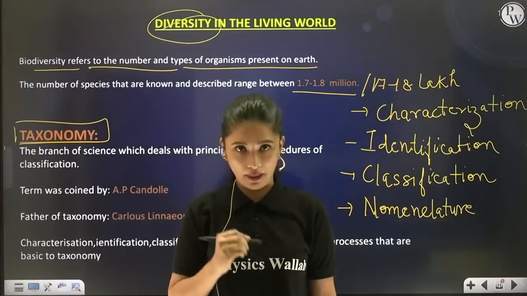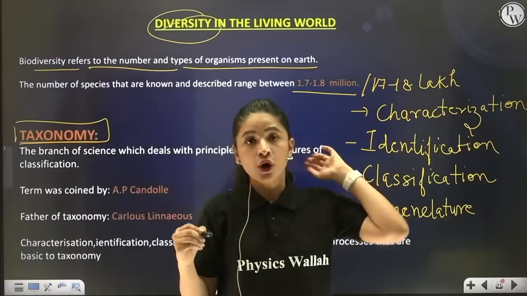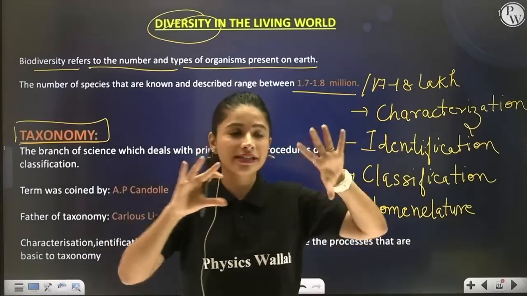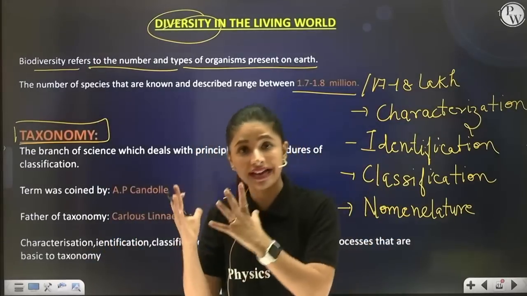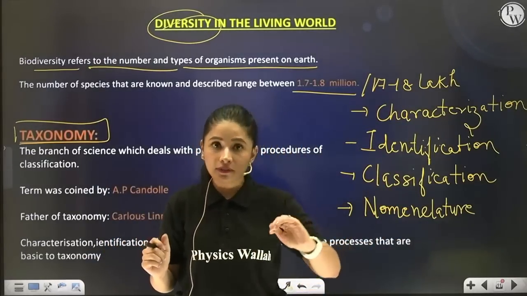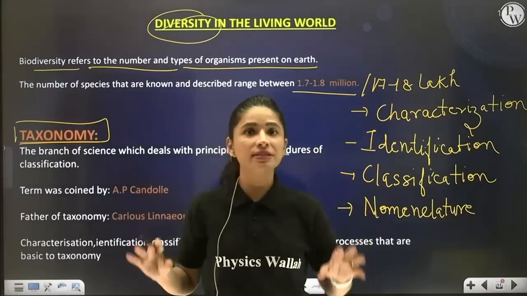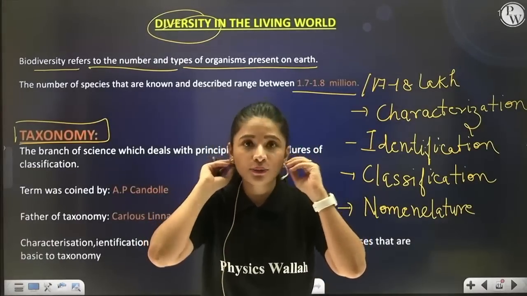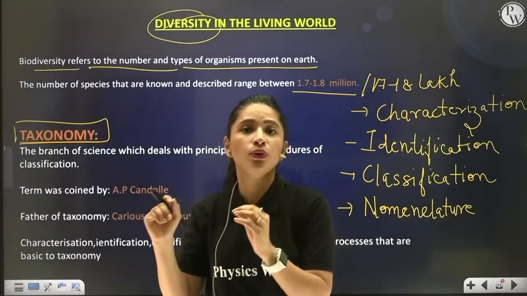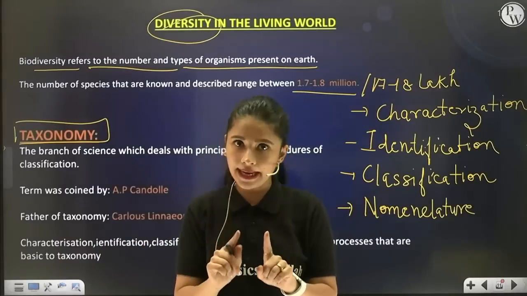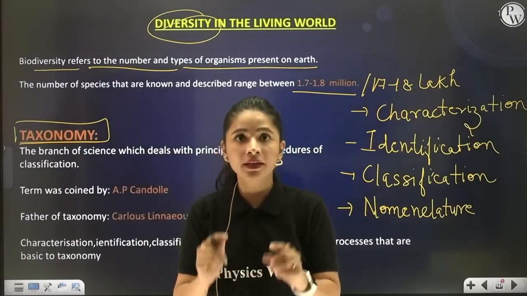And the scientists who deal with taxonomy are taxonomists, right? So those scientists who are responsible for discovering organisms, for classifying organisms, for giving them names, are known as taxonomists. Correct? What is taxonomy?